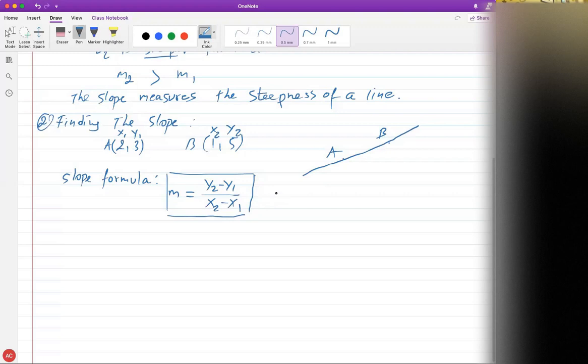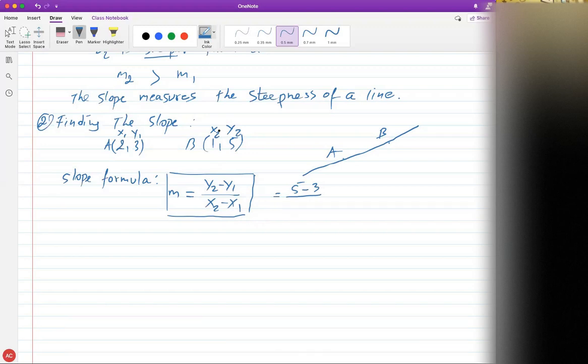So for this example here, what is y2? We have all the information we need. What is y2 based on what we just did? 5. That's right. y2 is read from here. So 5 minus y1, which is here, 3, over what goes here? x2 minus x1.